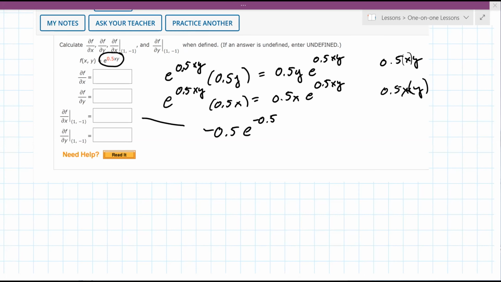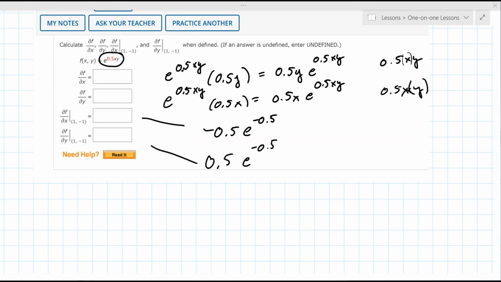And then the next one is positive 0.5 because x is positive this time, but y is still negative. So I'm submitting that. And that does it there.